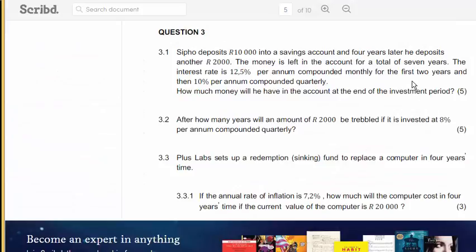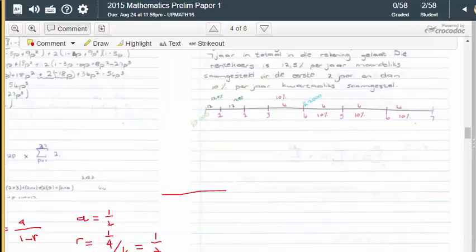Then 10% compounded quarterly. The interest rate is 12.5% per annum compounded monthly for the first 2 years, and then it is 10% from then onwards.